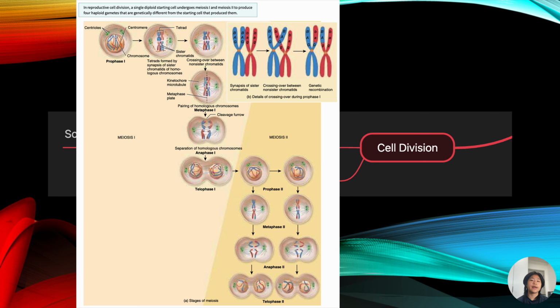This is a genetic recombination that boosts the diversity in genes. And then after the crossing over, we go through the same PMAT phases. In the metaphase, they line up. In the anaphase, they're separated, and in the telophase, they're pulled apart. But here we're not pulling apart sister chromatids, we're pulling apart chromosomes.